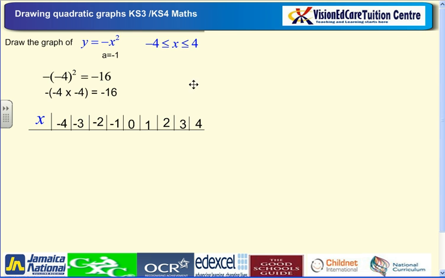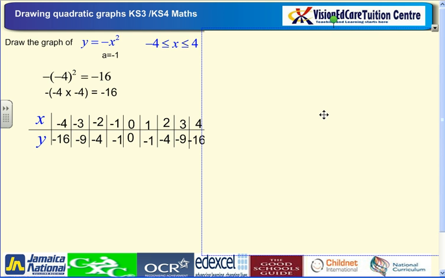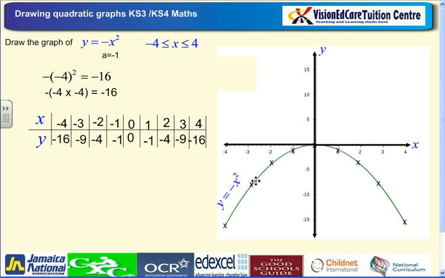And here is the expansion. So it's minus 4 times minus 4 is going to give us positive 16, times the minus outside the bracket gives us minus 16. And we work out all the values in the table. Now that we have the values, we're going to draw the graph. I'm going to share this graph with you. So there are no positive y values.